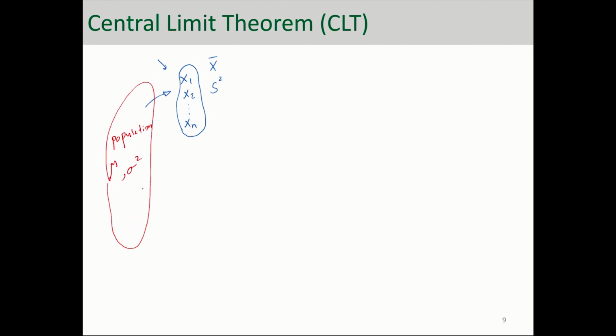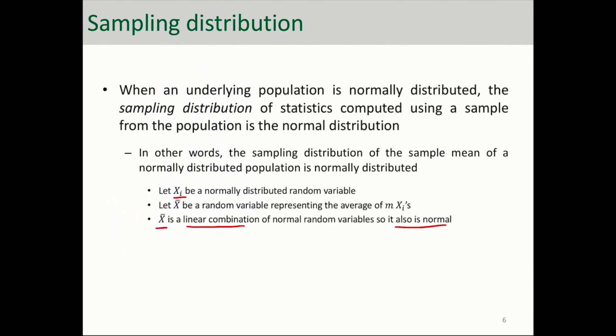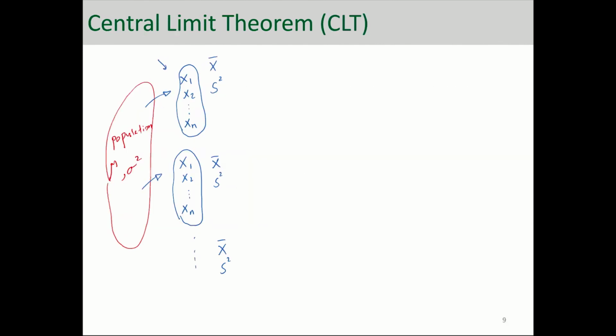And then you take another sample, another 10 or n patients' cholesterol level. You take the average of that sample, take the variance of that sample, and you keep doing that. You will have another x bar, another variance.